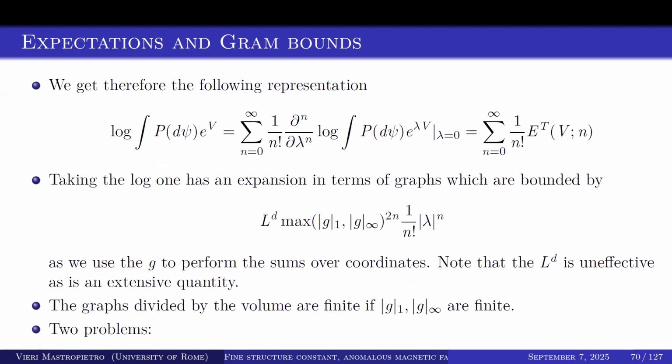So at the end you get only one volume, but in fact you have to divide this by the volume because it's extensive. And then you put here the maximum between the G1 norms and the G infinity norms up to 2n times lambda to the n, again divided by n factorial.